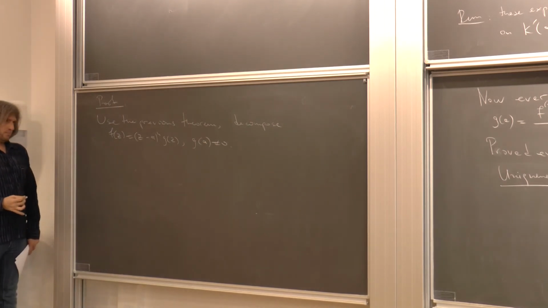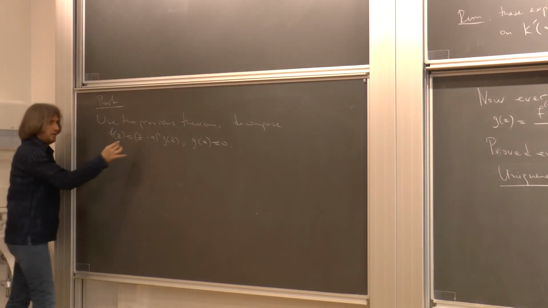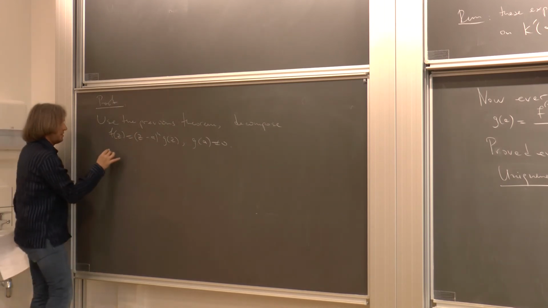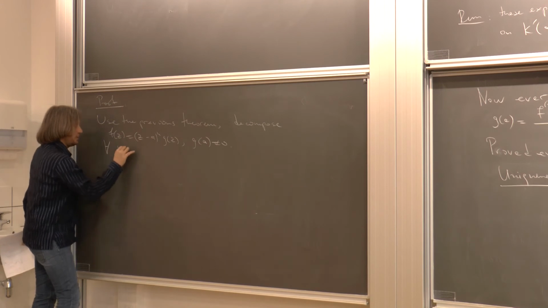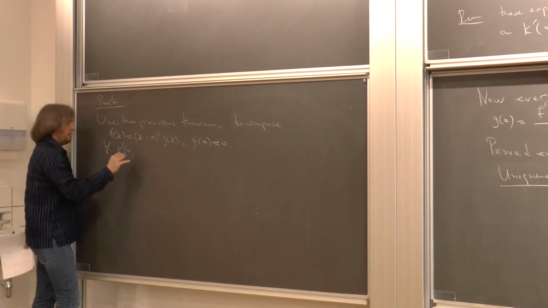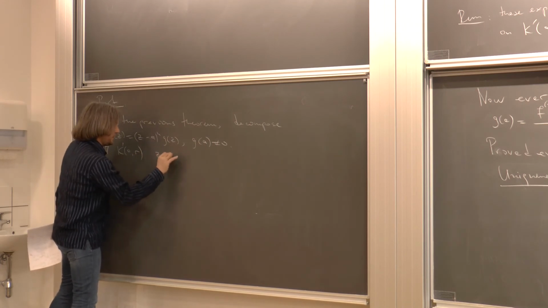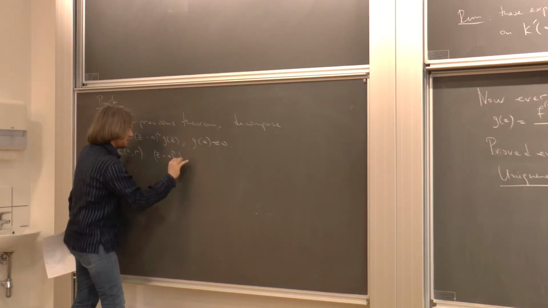So first of all, the only zero of this function is a. So for any disk, punctured at a with radius r, (z minus a)^n has no zeros there.